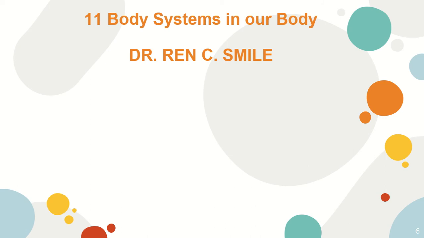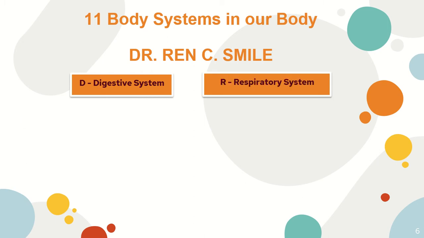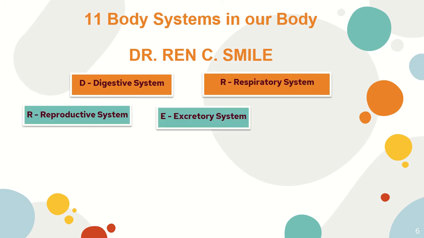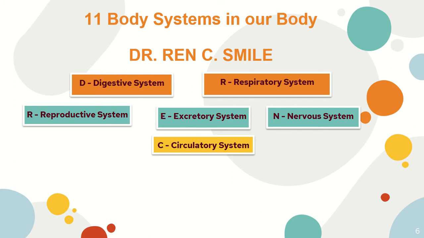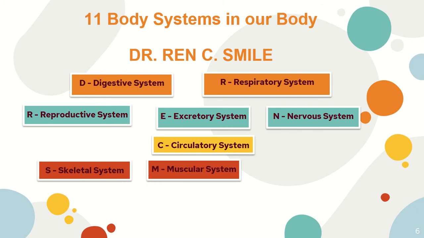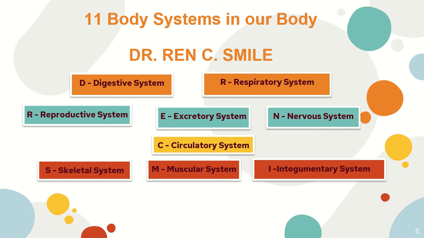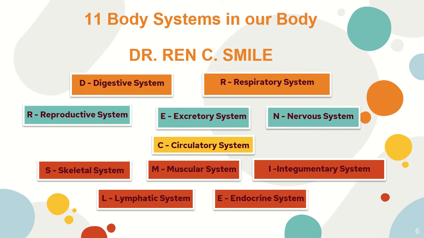We have the digestive system, respiratory system, reproductive system, excretory system, nervous system, circulatory system, skeletal system, muscular system, integumentary system, lymphatic system, and endocrine system.